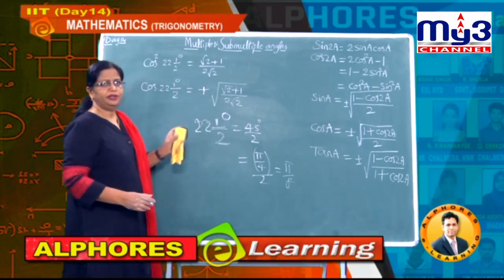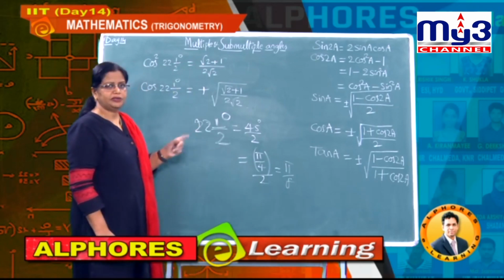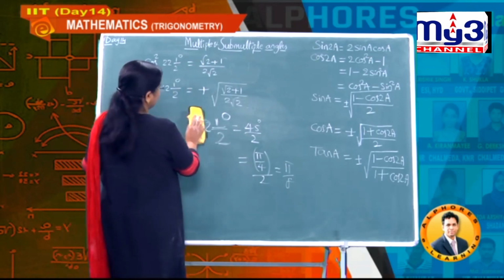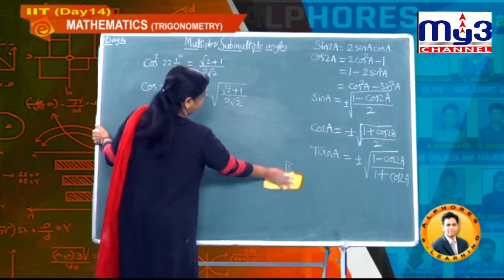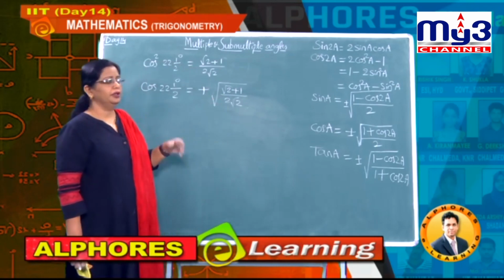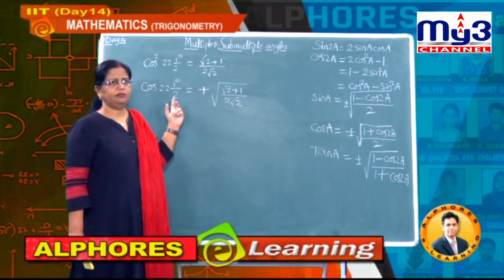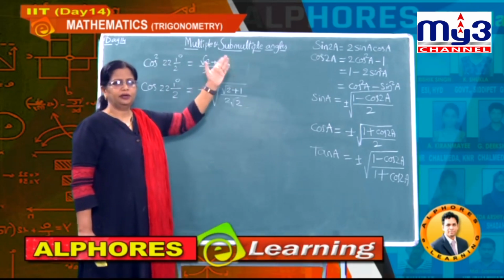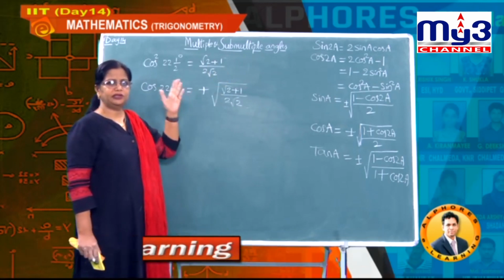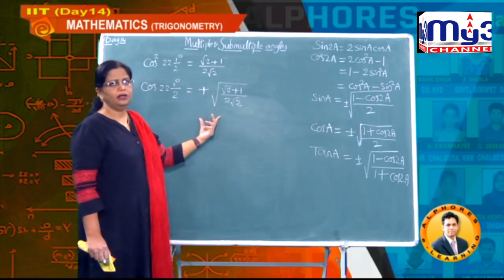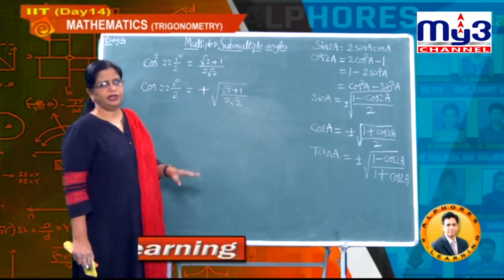Hence 22 and half in radians is pi by 8. Therefore cos pi by 8 is under root of root 2 plus 1 by 2 root 2. Of course it won't repeat many times, so it is not necessary to learn this by heart, unlike cos 15, sin 15 etc., which are must and should. This one you can deduce, or else use the multiple submultiple concept.